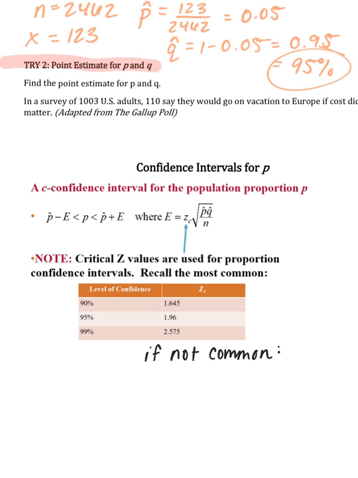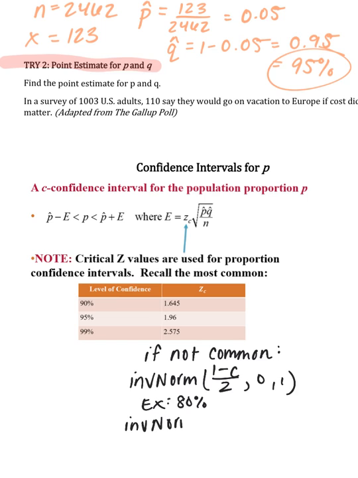So you would use inverse normal, and then the area is going to be 1 minus the confidence level over 2, comma 0, comma 1. So for example, if we needed the critical score for 80%, I would do the inverse normal of 1 minus 0.8 over 2, comma 0, comma 1, and that gives me 1.28.